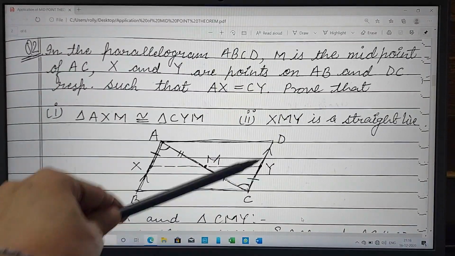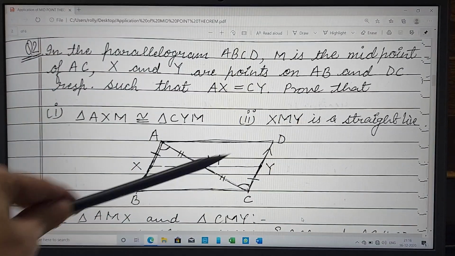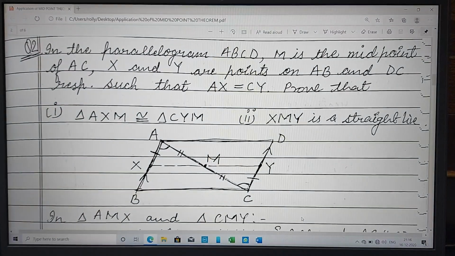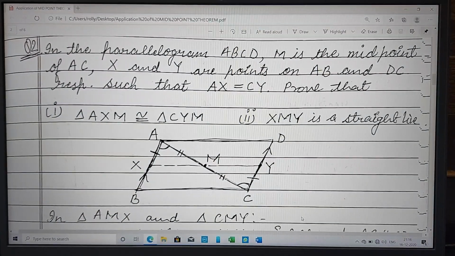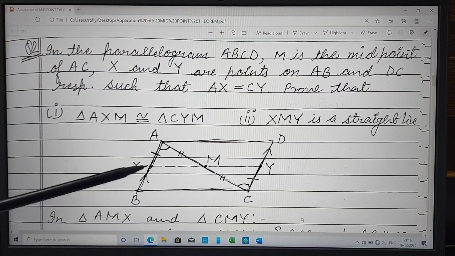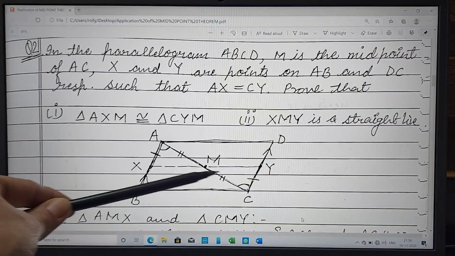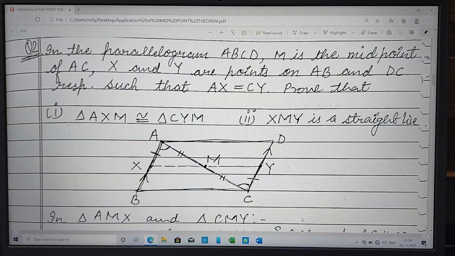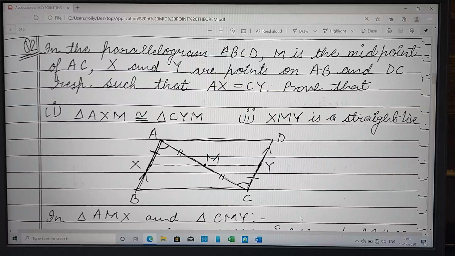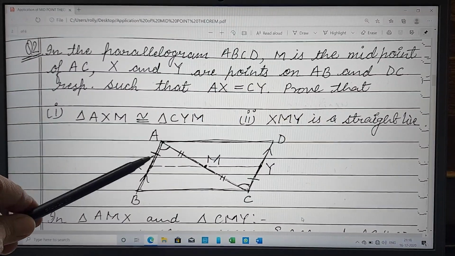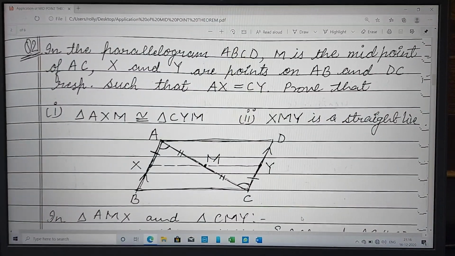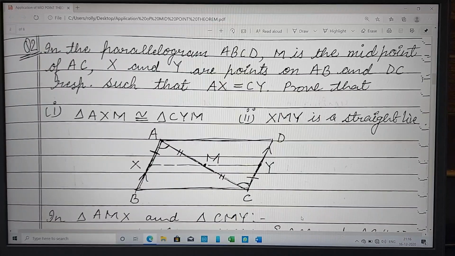They are forming a Z. AB is parallel to CD because ABCD is a parallelogram, opposite sides of a parallelogram. So angle XAM and angle YCM will be alternate angles. So by the SAS axiom, these two triangles are congruent to each other.